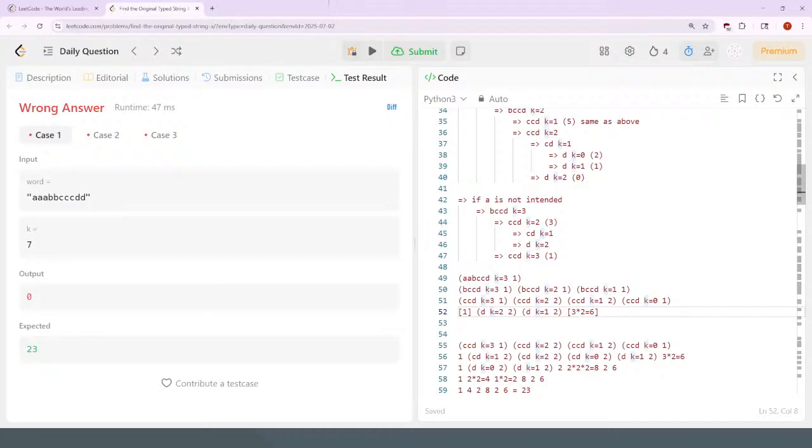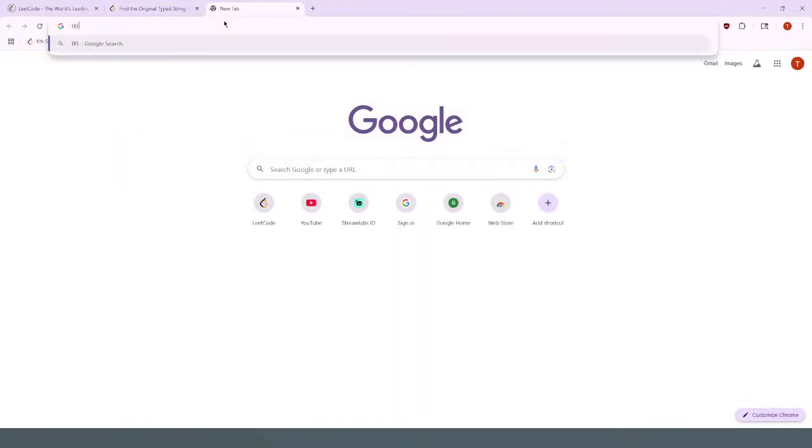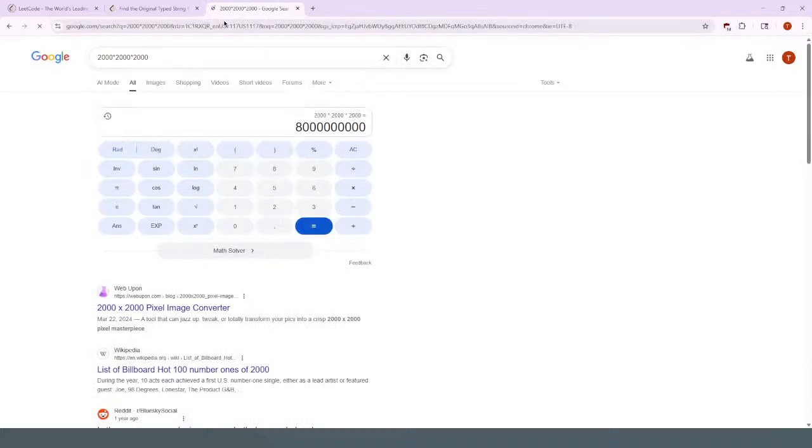So I guess the upper bound would be like maybe 2000 cubed. Is that too slow? Oh, that's too slow. It's way too many zeros.